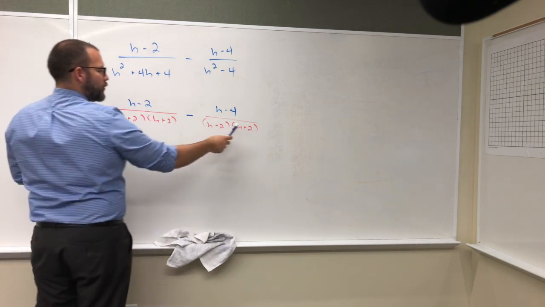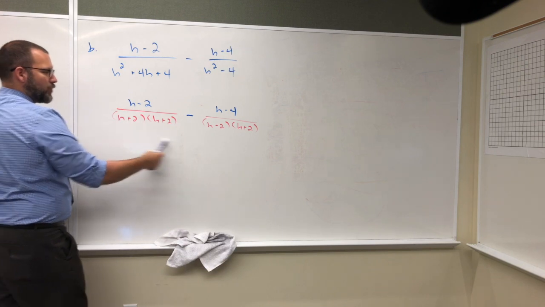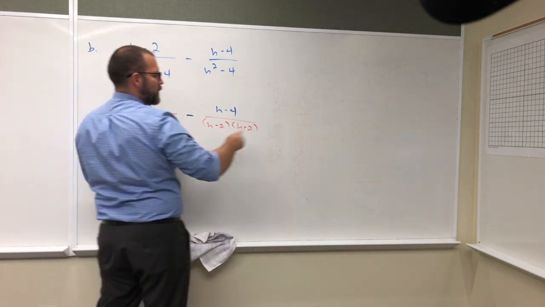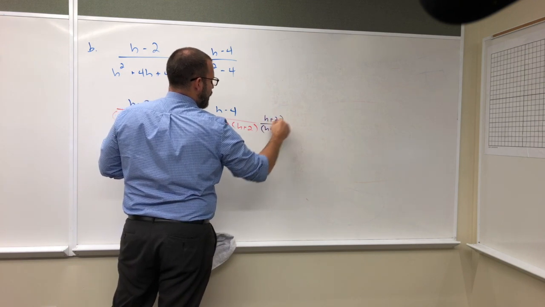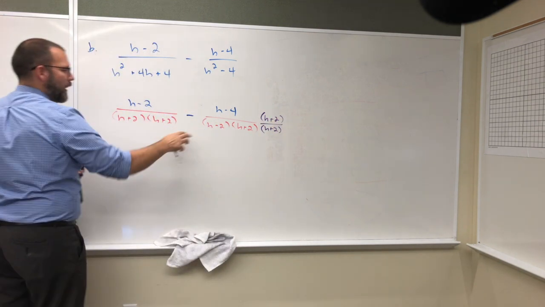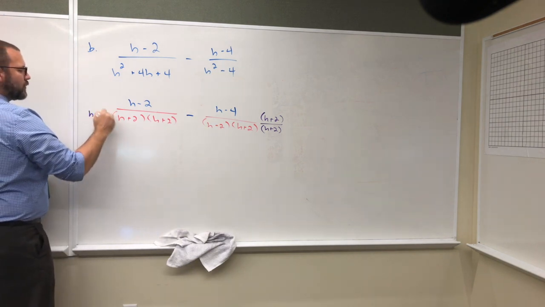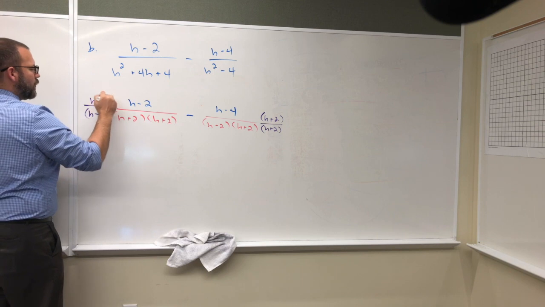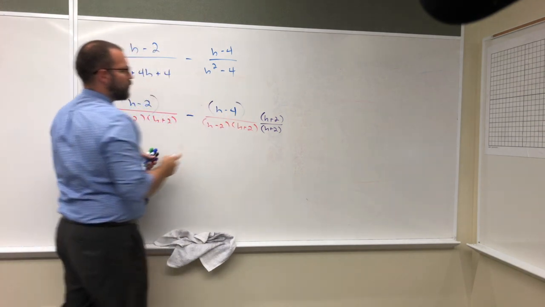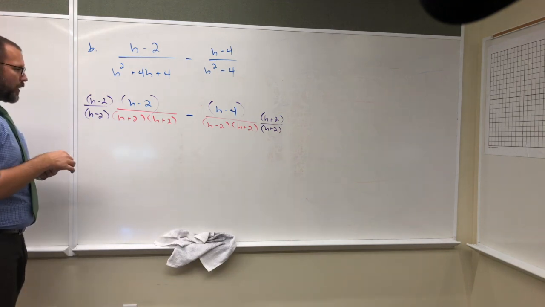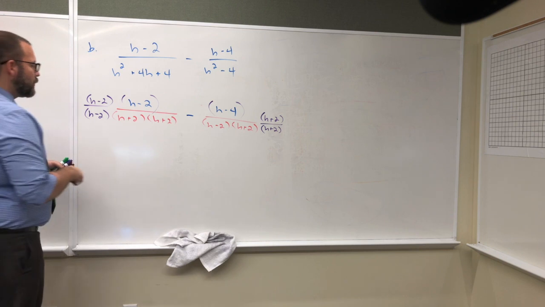All right, h plus 2, we have that in common, but this one has a second h plus 2 that this one does not have, so I'm going to multiply that in, and of course if I do it on bottom, I do it on top. And clearly this one has an h minus 2 that this one does not have. So I'm going to multiply that in, h minus 2, h minus 2. Again, I've got some binomials, so I put parentheses around to remind myself to properly multiply that out. Use box method if you're having trouble multiplying that out.